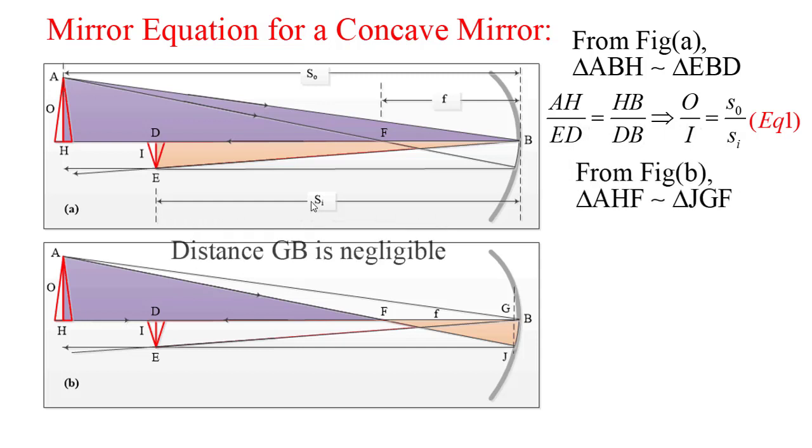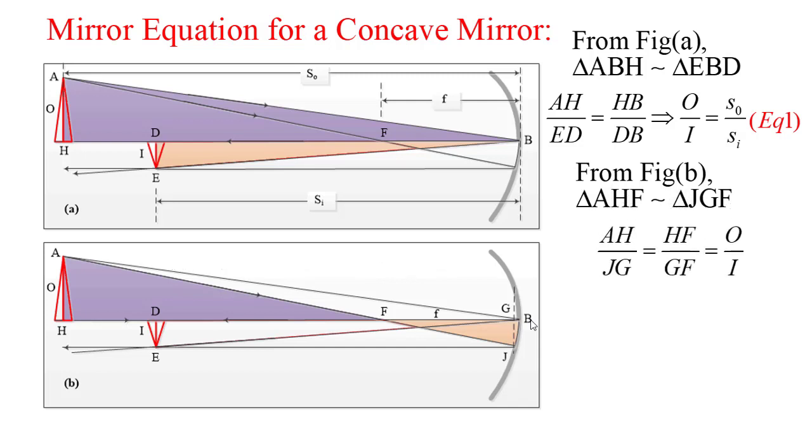And from figure B, likewise, because now we consider the distance between these G and the J, this dotted line, and the B, that is the curvature of the concave mirror, is considered to be negligible. We will consider that distance GB to be negligible.